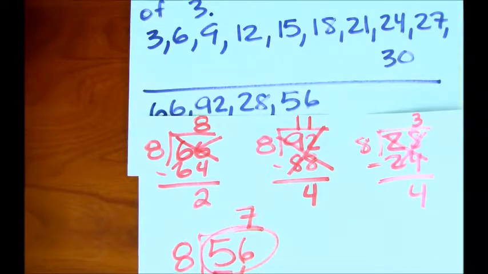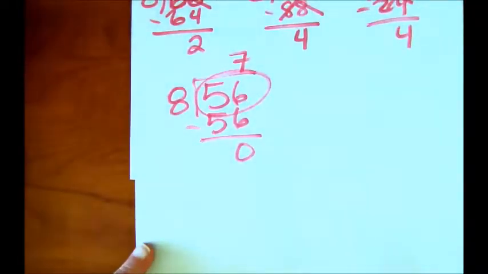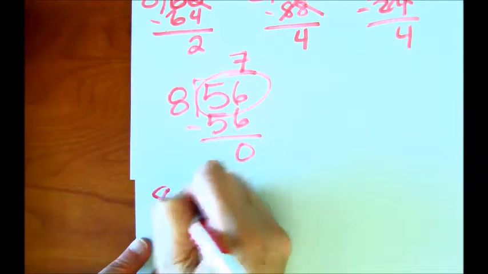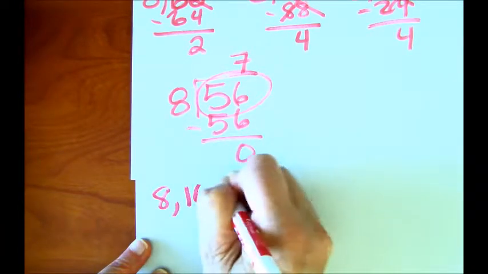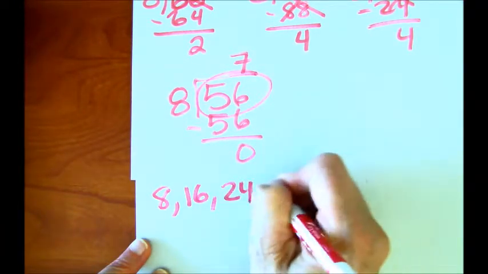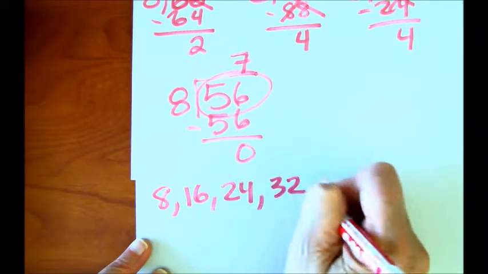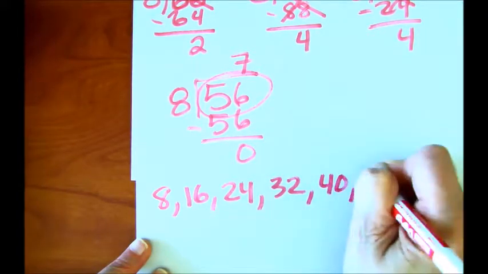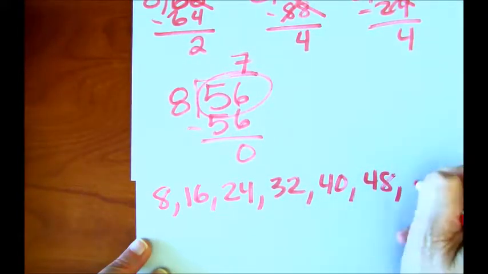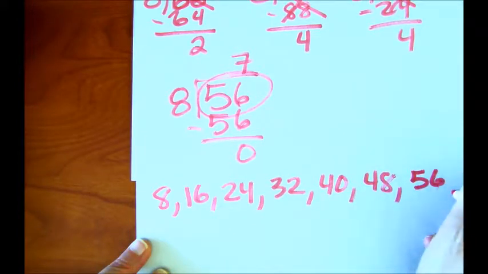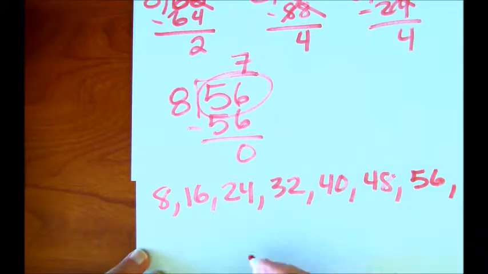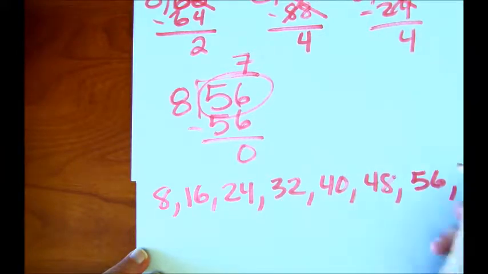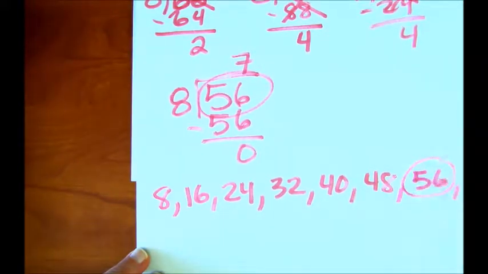Now I could have just listed off my multiples like I said, starting with 8, 16, 24, 32, 40, 48, 56, and so on. And because I got to 56, I could stop there.